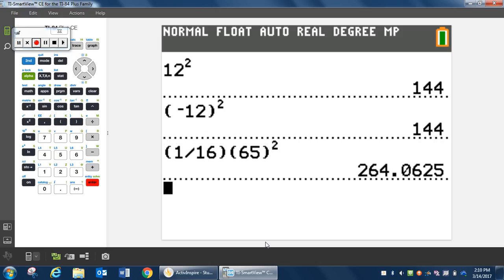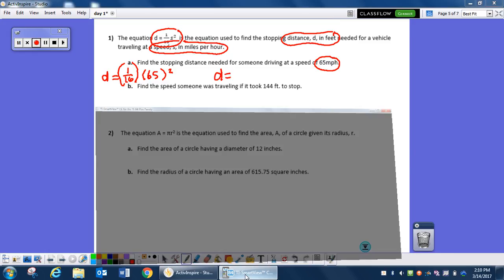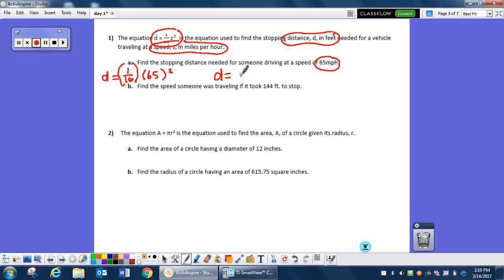Okay, and we get 264.0625. Let's round. A lot of these we're going to need to round to the nearest unit. So we'll do d equals 264, because that would be the nearest whole number. Okay, and d was feet.